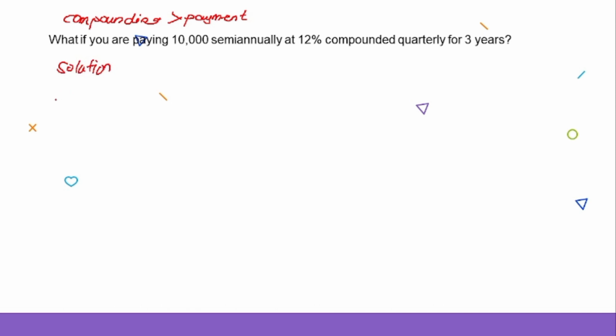So, dito, i-convert muna natin etong given na interest rate natin quarterly into effective annual interest rate. So, that would be 1 plus i raised to m minus 1.